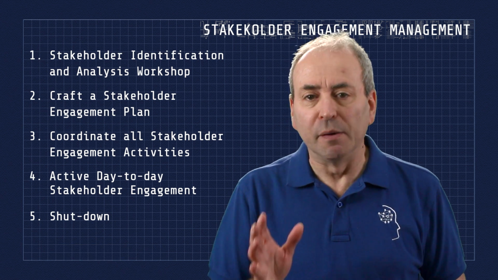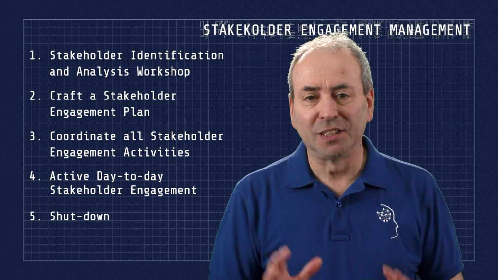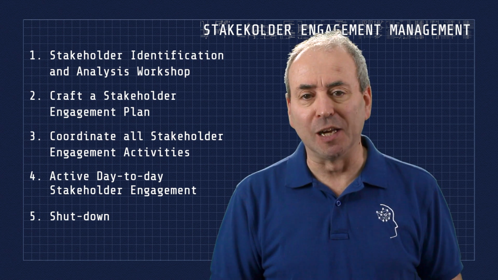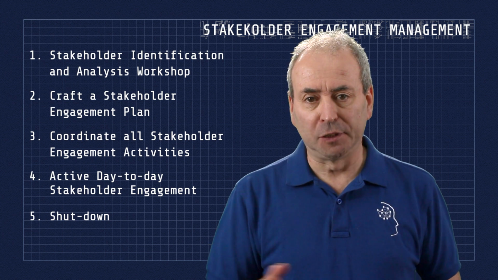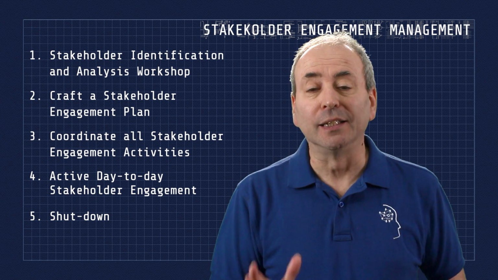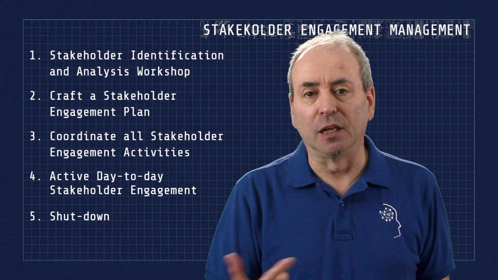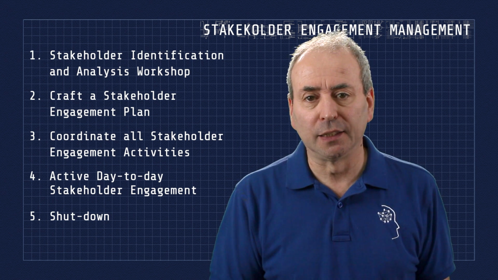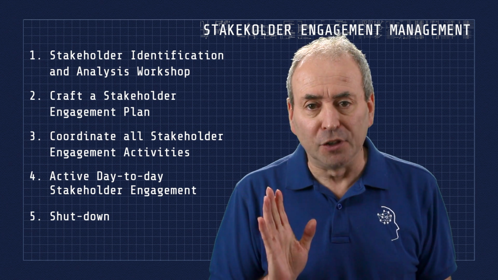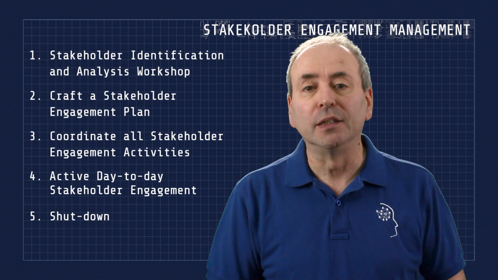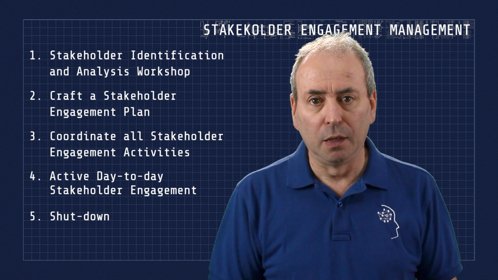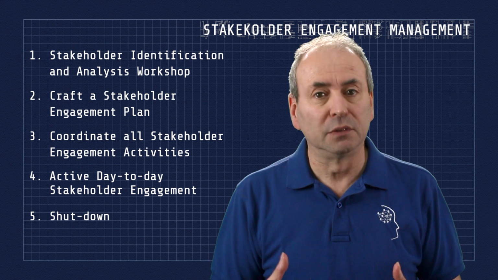Leaving a relationship dangling with a sudden end to that relationship is frankly disrespectful, and it's also potentially going to burn that relationship and damage it for any future continuation of that project, or indeed for any future new project that might involve similar personnel or similar practices or similar objectives.